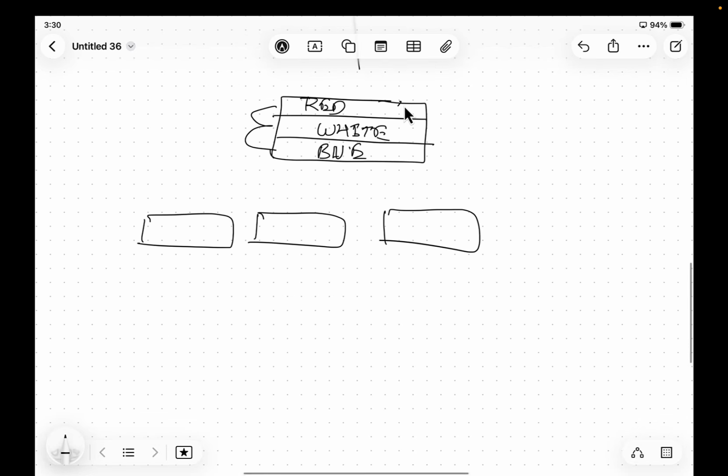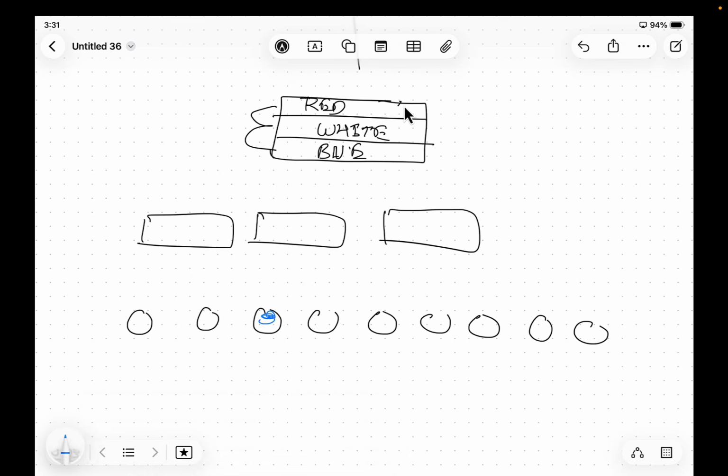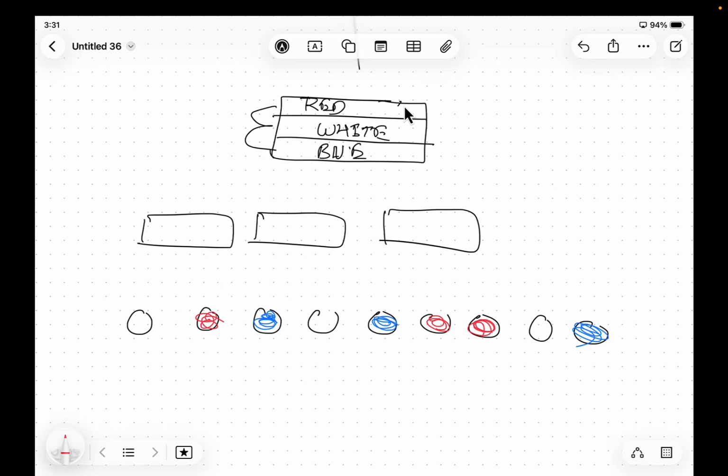So you can consider this problem. Suppose I have different colors here, and let me fill this. Suppose this is the blue one, this is the blue one, this is the blue one. Let me take red now. This is the red, this is the red, this is the red, the rest is white.